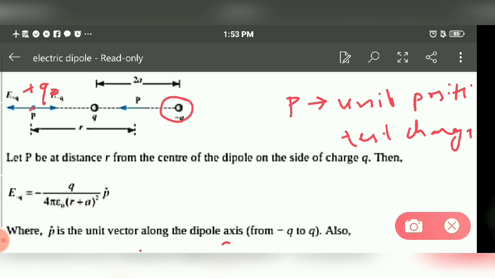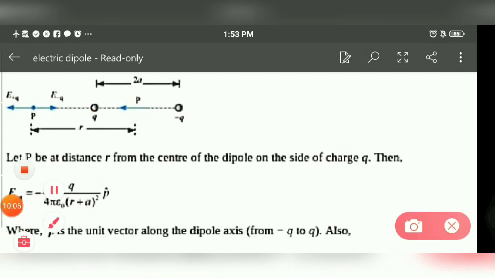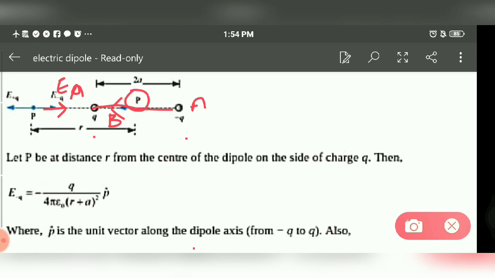This negative charge is going to attract this positive charge, so this is the direction of EA. If we consider this point A and this point B, in this direction EA is acting. Now the dipole moment is from negative to positive, in this direction. So EA and the dipole moment are opposite to each other.